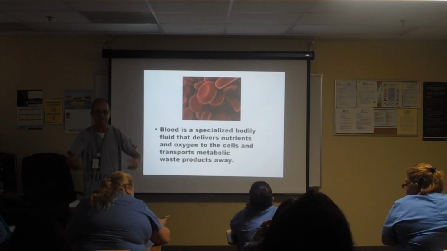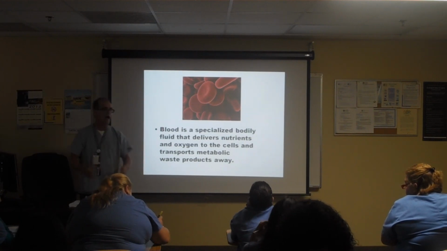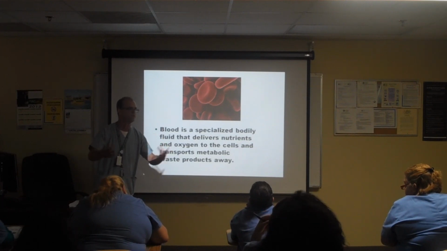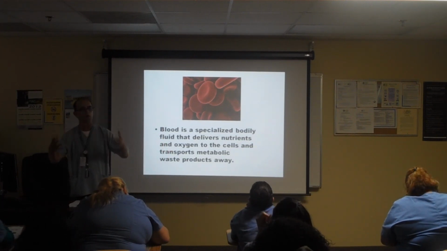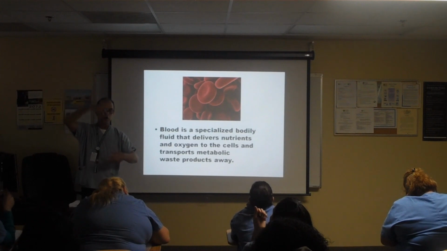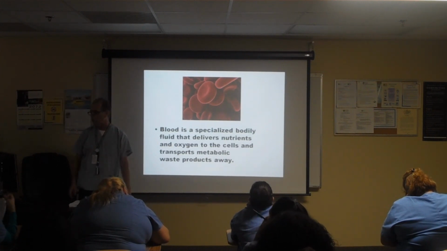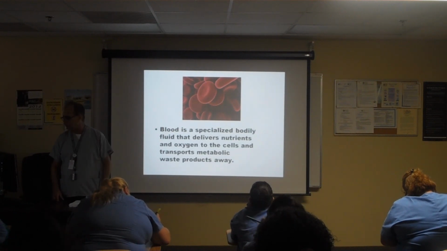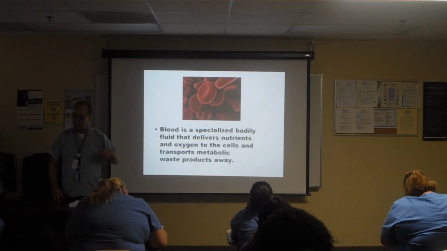This is called clotting. And the most important part of the blood that everybody knows, the red cells. These are cells that have hemoglobin and carry the oxygen from the lung to all the body. Blood is a specialized bodily fluid that delivers nutrients and oxygen to the cells and transports metabolic waste products away.